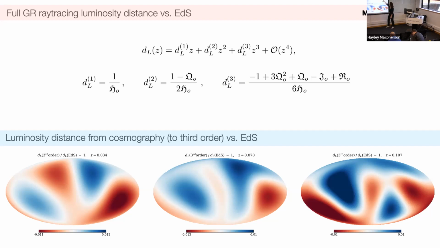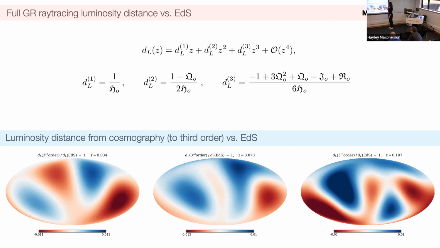Now, in order to look at the luminosity distance itself, we just need to substitute those parameters back into the series expansion to give us the luminosity distance at a particular redshift. That is shown in these maps down here, again just for one observer at 3 different redshifts of 0.03, 0.07, and 0.1.